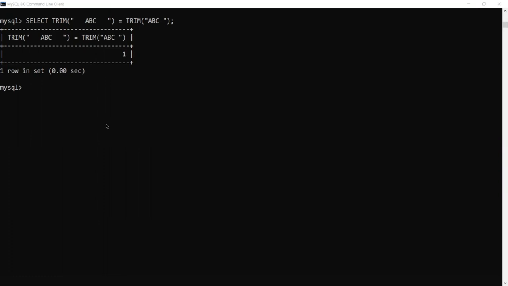Now, moving on to our next. This was all about spaces, how to handle space in SQL. Now these are very specific string functions. Many of them are available in all the platforms.